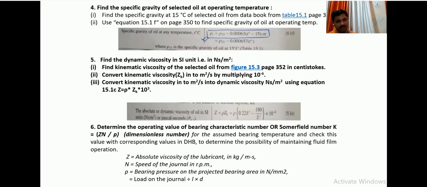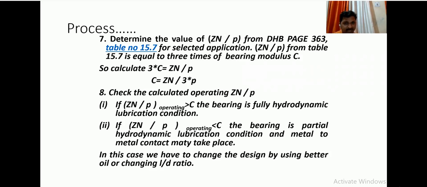This same bearing characteristic number is also used for finding out the Sommerfeld number, which we will talk about in the next lecture. Okay, so this Zn by P is to be calculated, that is called bearing characteristic number. And from here we will have the bearing characteristic number in the operating condition. Now next step is to find out the bearing modulus.